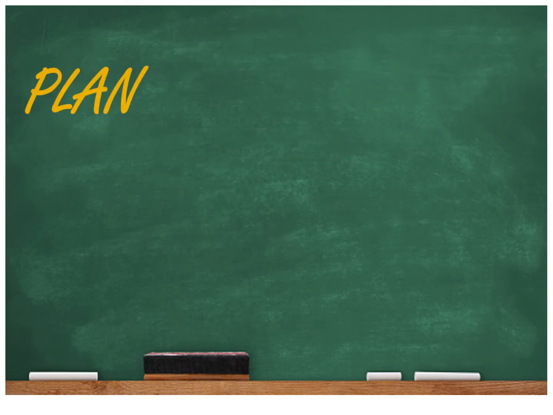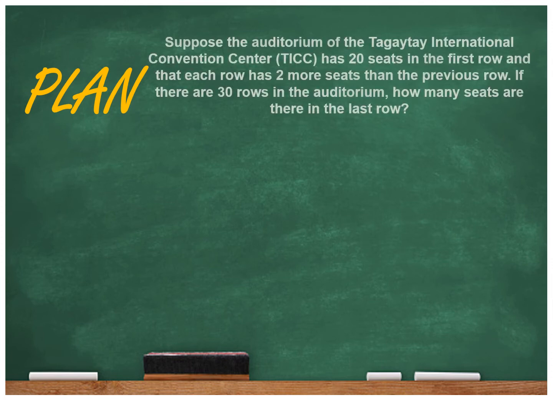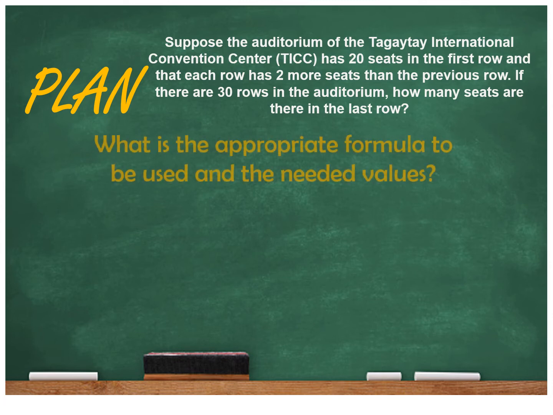After knowing what kind of sequence is involved in the problem, we will plan what is the appropriate formula to be used and the needed values. Since it is an arithmetic sequence, we will be using the formula for finding the nth term of an arithmetic sequence.